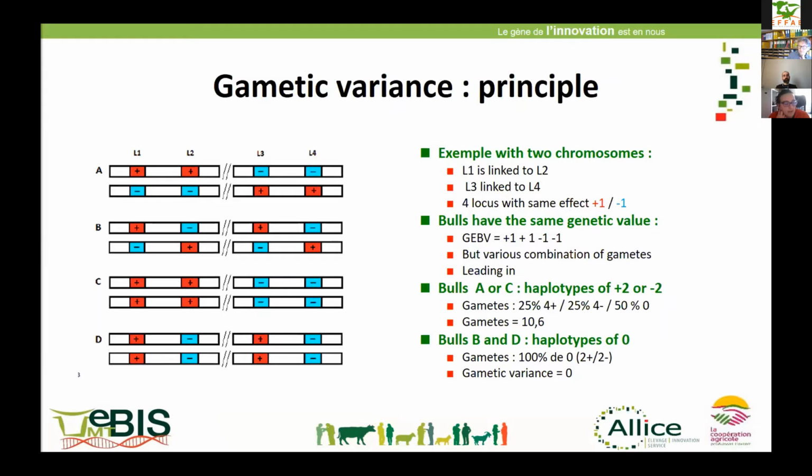But if you look at bull B and D, the haplotypes have a mean of 0, meaning that 100% of the gametes will have a breeding value of 0, leading to a gametic variance of 0.